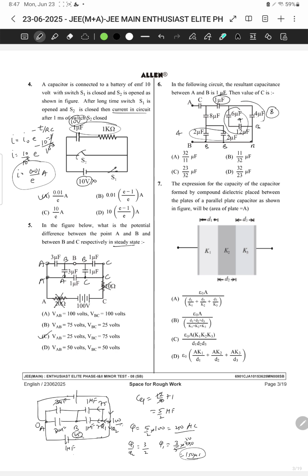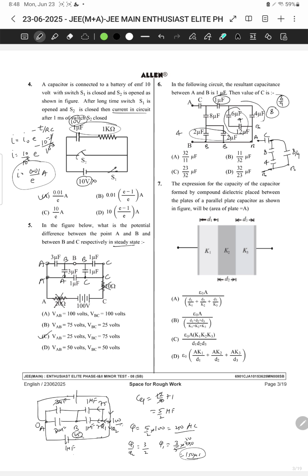This 8 is in series with this one. Just follow my instruction here. So 8 in series with this 1 becomes 8 into 1 by 8 plus 1, so 8 by 9. So far what we have done: to A, one capacitor C, and then we have this 8 by 9. And here we have 8 and this 4.